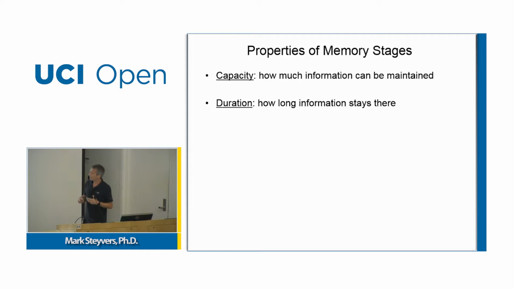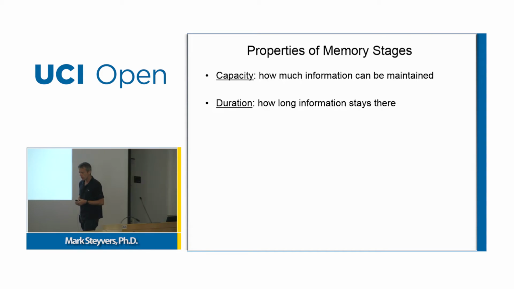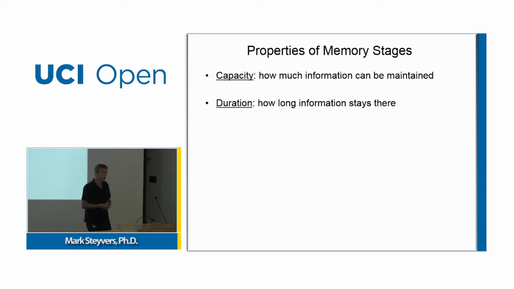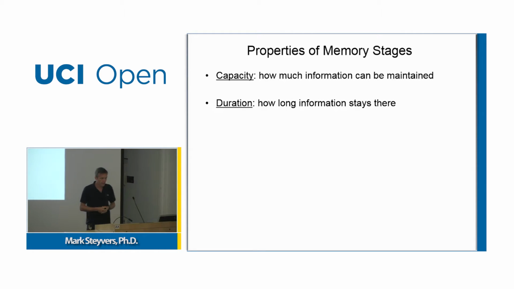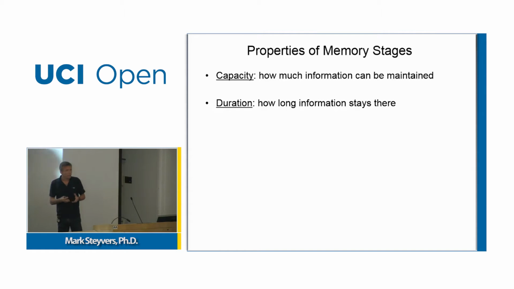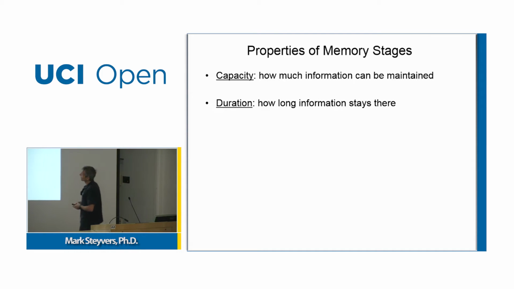So we'll talk about this theory of memory, and there's a distinction between three different memory stages, and these stages differ in terms of capacity and duration. Some stages might have a huge capacity for information, might be able to maintain a very large amount, and others might maintain just a few items.